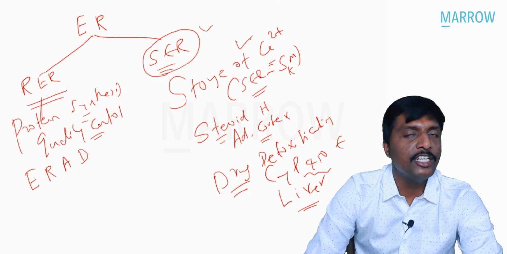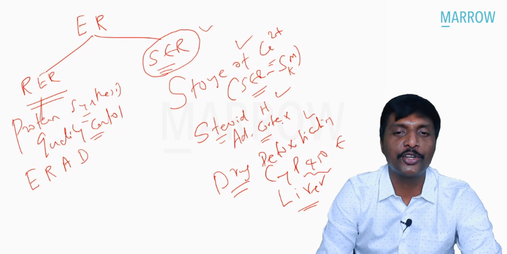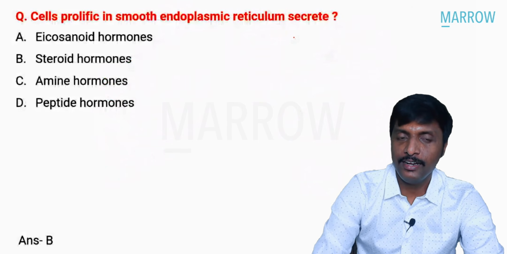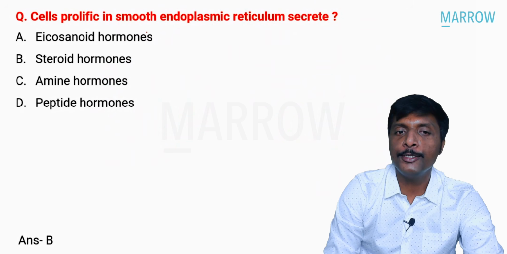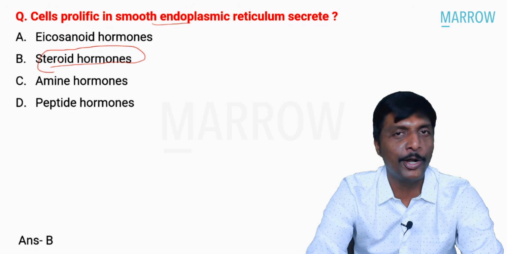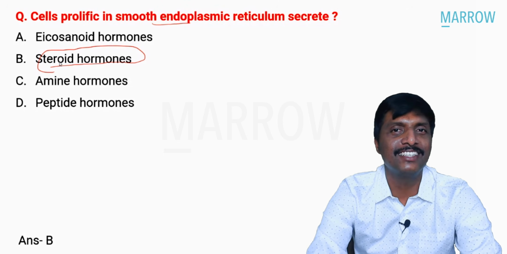So storage of calcium, steroid hormone synthesis, and drug detoxification are the functions of smooth endoplasmic reticulum. Let's go back here. Cells prolific in smooth endoplasmic reticulum secrete steroid hormones. Remember adrenal cortex, steroid hormones. It has plenty of smooth endoplasmic reticulum in its cells.